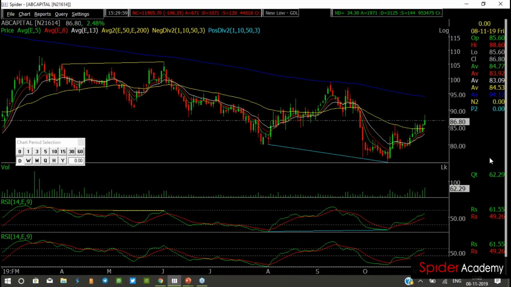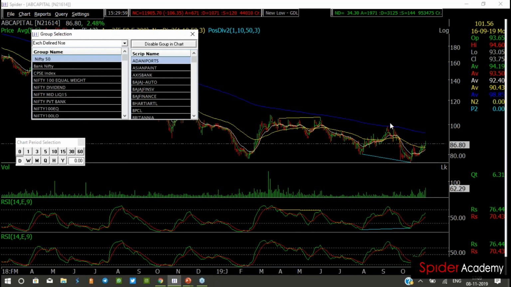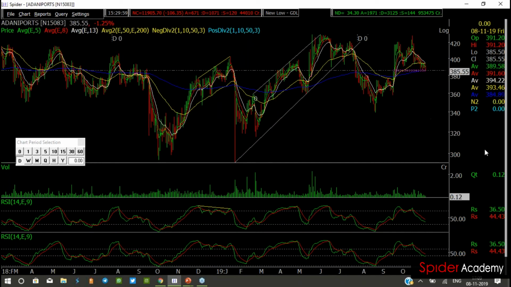Let us take up an example of an RSI pattern. Over here itself, if we see in Adani Ports, I'm taking the top from the RSI, joining it to the other top, and I get a breakout over here.